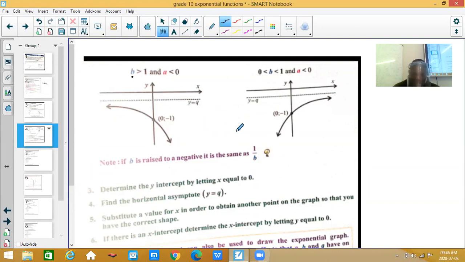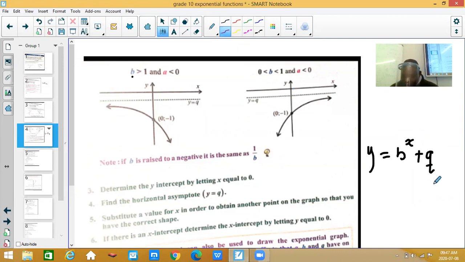On the horizontal asymptote, you will remember that it is the number that you add. If you have y is equal to, let me say, b to the power x plus q, what is our horizontal asymptote?